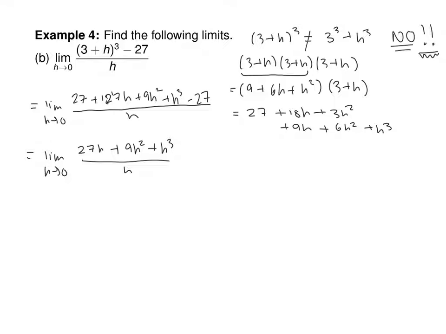Yes, okay. And you get the limit as h goes to 0 of 27 plus 9h plus h squared. At this point in time, can you plug in 0? Yes. And 9 times 0 is going to be 0, right? 0 squared is going to be 0, so this will just be 27.